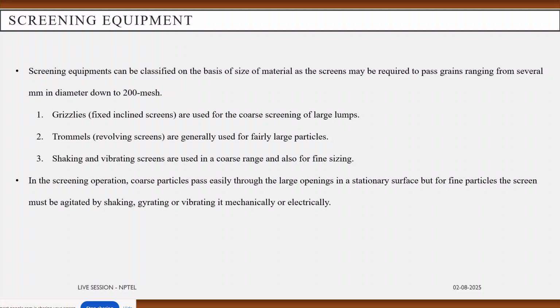This part is important when you deal with some ore material or coal sources in an industrial sector. The screening equipment that we generally use are grizzly, trommels, or shaking and vibrating screens. These are widely adopted in the industry for any kind of coarse size range or fine sizing.